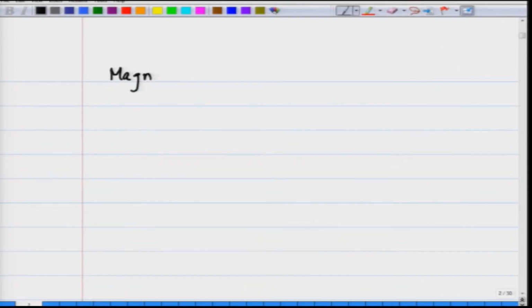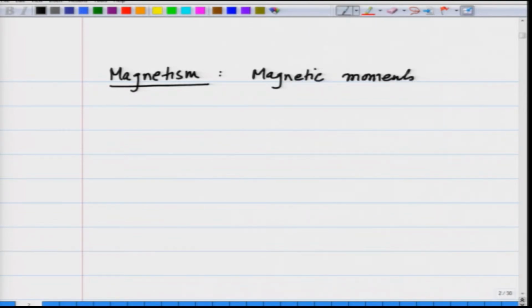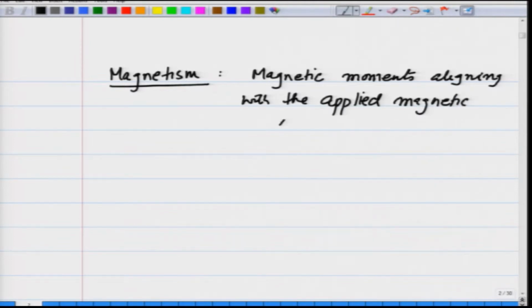Magnetism in solids or any system arises from magnetic moments aligning with the applied magnetic field.